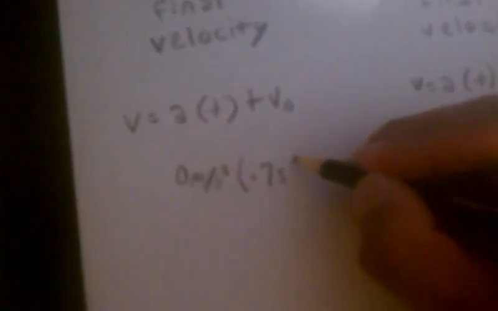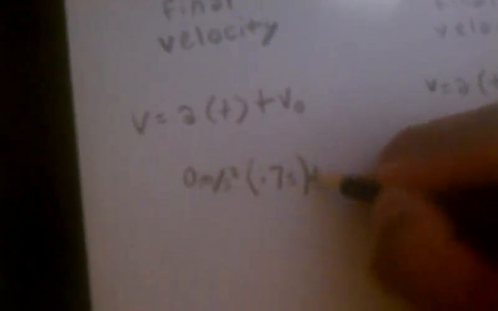Time was 0.7 seconds, and the initial velocity, which we found earlier, was negative 0.57 meters per second. So this cancels out. We're left with negative 0.57 meters per second. That's our final horizontal velocity.